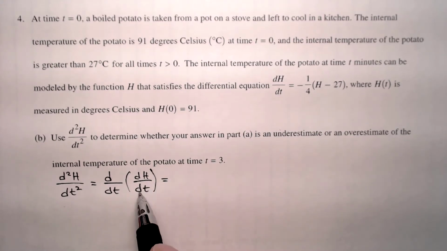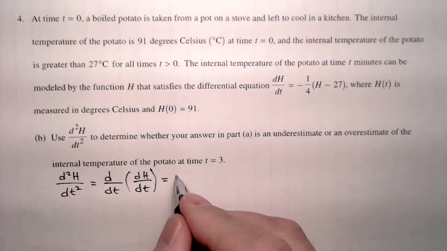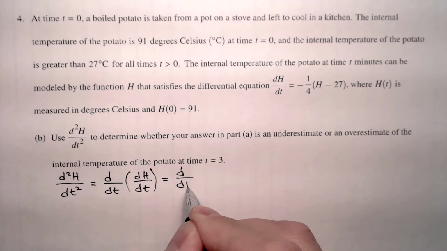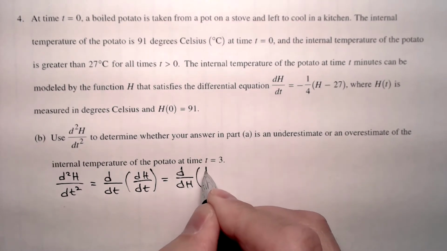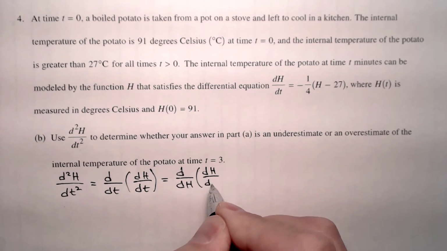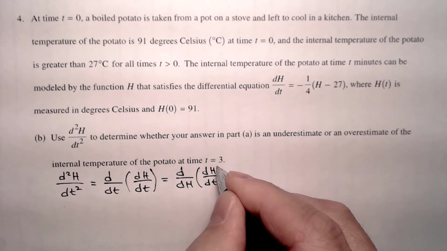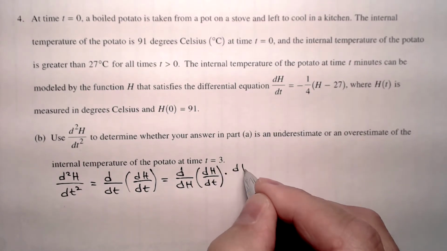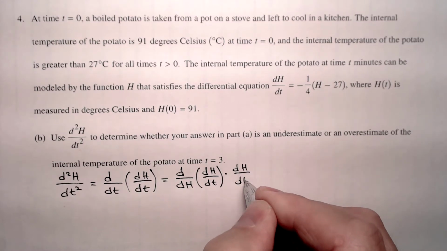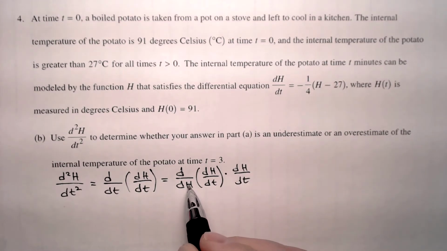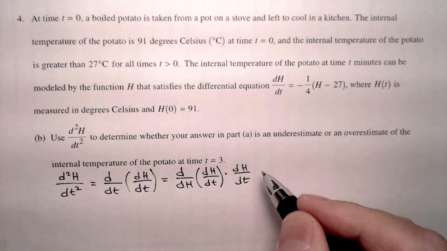And this is a function of h, so we do chain rule here, d over dh of dh over dt times dh over dt. And dh over dt is this second expression.